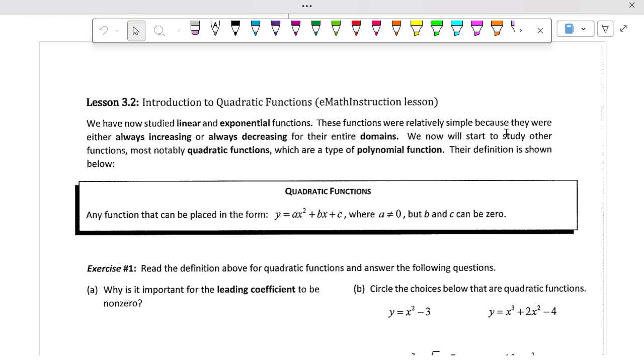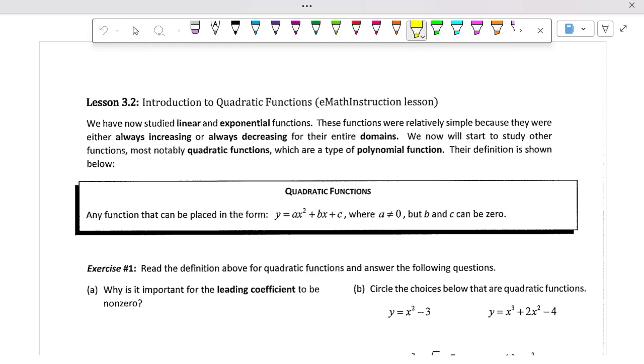All right, so what does degree mean? The highest exponent. So the highest exponent of a quadratic function is 2. In other words, we're going to have an x squared in there somewhere and nothing higher.